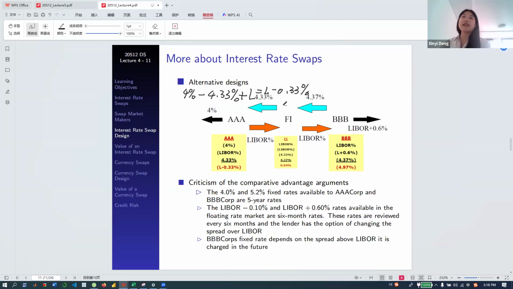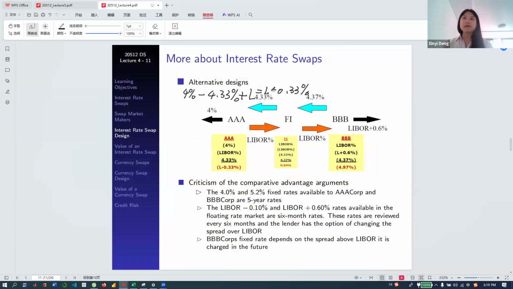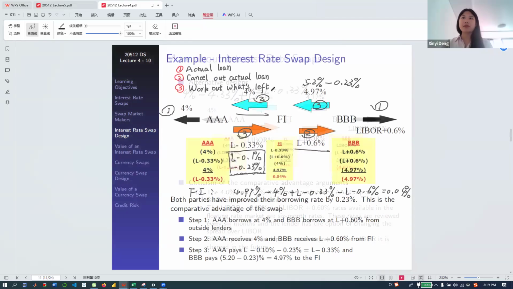So you can see that the net result is just the same as our example here, where we have those 3 steps. So we figure out the actual loan, and then we cancel out the actual loan, and we then work out what's left by splitting the after commission gains between AAA and BBB.